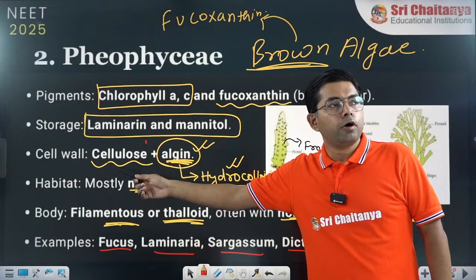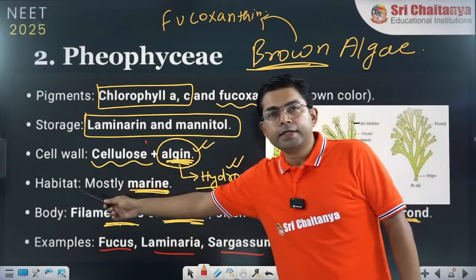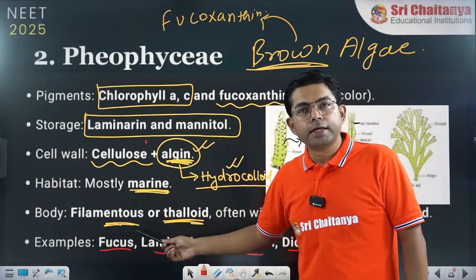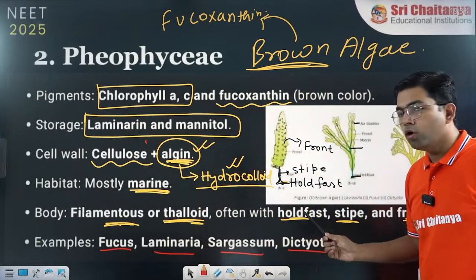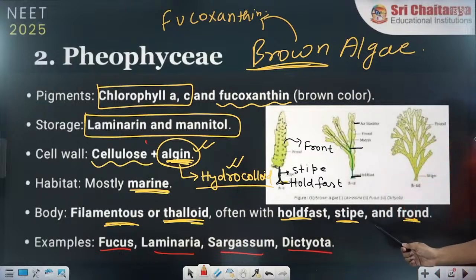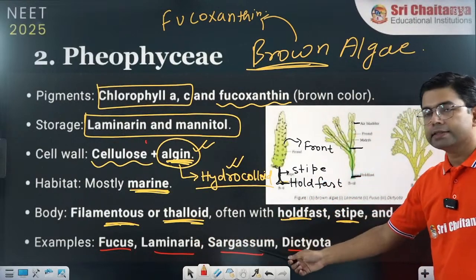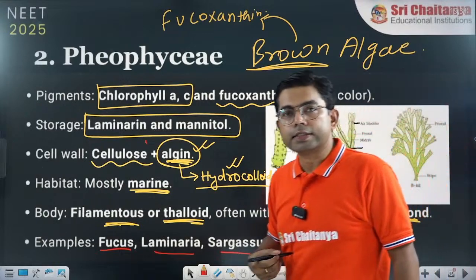Cell wall is made up of cellulose and algin. Habitat is marine and their body is filamentous and they are large, so the body is divided into holdfast, stipe and frond. Examples: Fucus, Laminaria, Sargassum and Dictyota. So these are some of the examples.